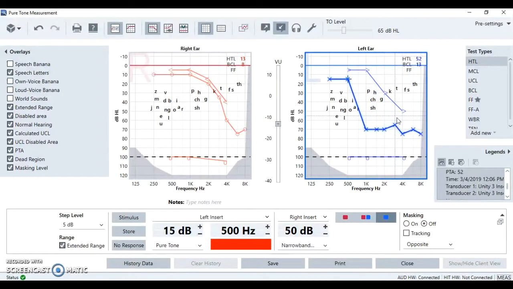Now, some people have a more flat loss, like I'm putting on here, and you can see if a person had this loss, they wouldn't hear any of these sounds unless a person was yelling at them. A person would have to talk really loud. Even then, they're only going to get the vowel sounds up into a range that they can even hear that they're talking.